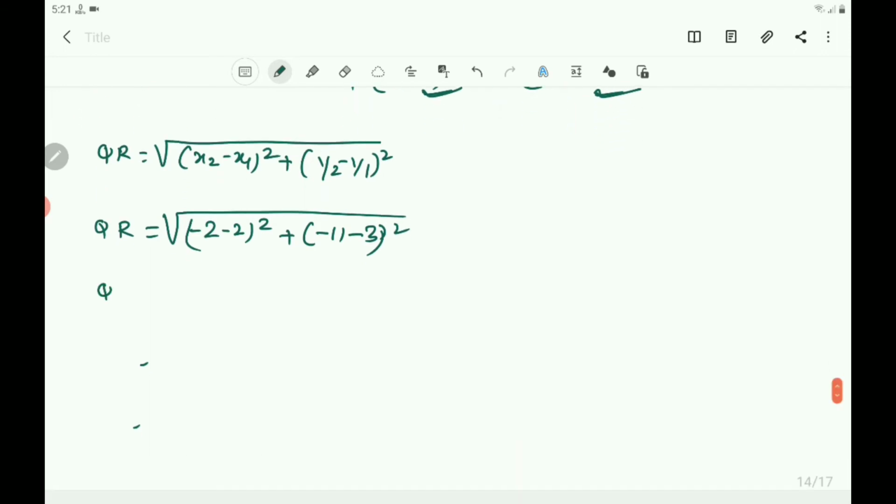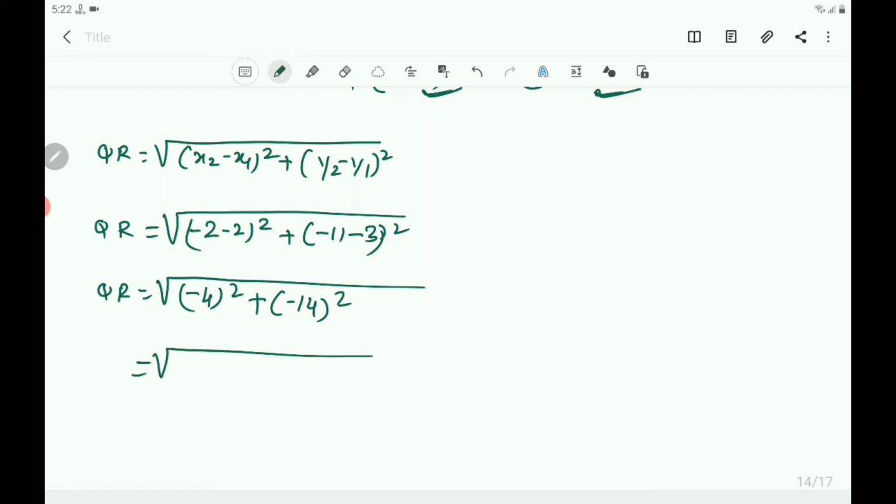Then QR equals root of: minus 2 minus 2 is minus 4, whole square, and minus 11 minus 3 is minus 14, whole square. Minus 4 whole square is 16, minus 14 whole square is 196.